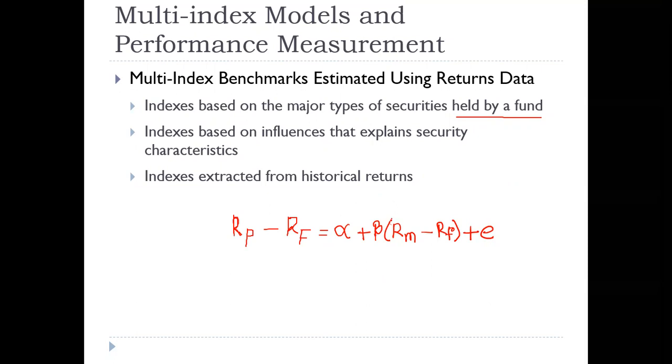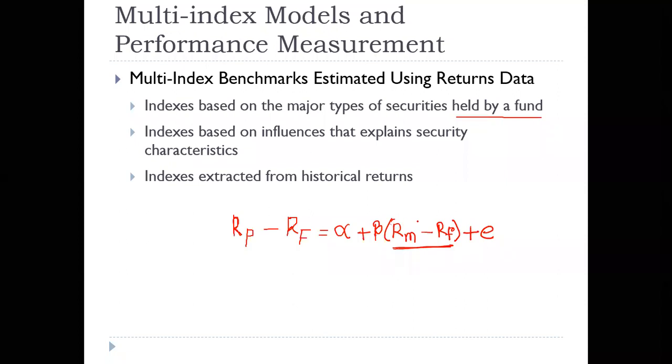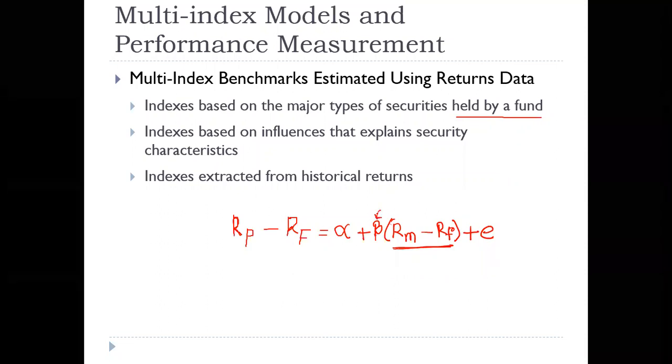Can the portfolio manager have any discretion on this? No sir, he has no discretion. Portfolio manager has full discretion on what? Beta. He can take higher beta if the market is expected to go upward, and if the market is expected to go downward, he will try to reduce the beta.